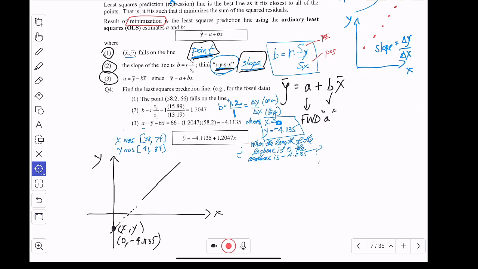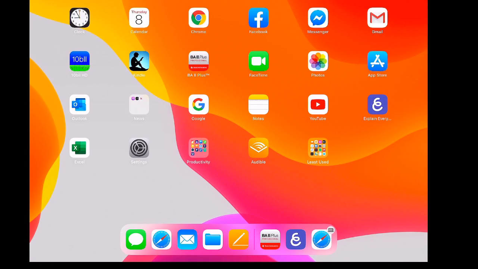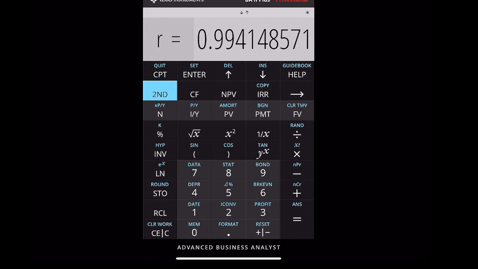Remember, the results that I got here were because I rounded everything to 2 decimal places. So you're going to have different values, Hector, if you use stat mode. In my calculator, what did I get for A and B? I got an R of 0.9, a B of 1.2, and an A of negative 3.66.